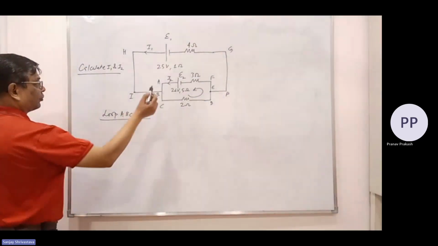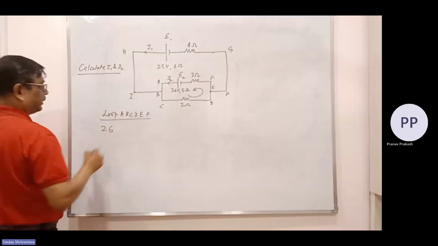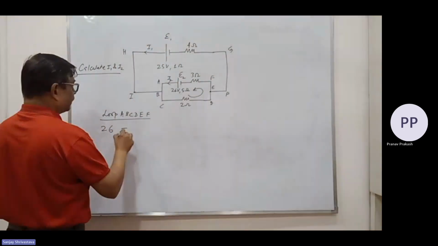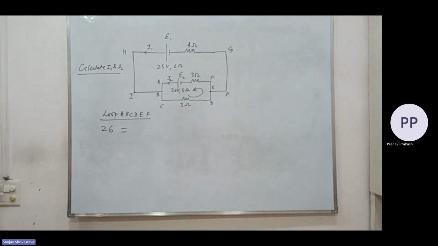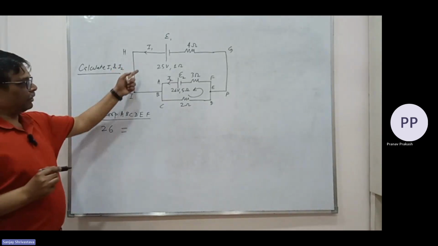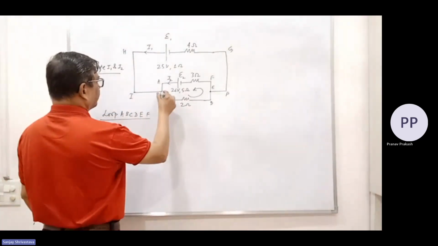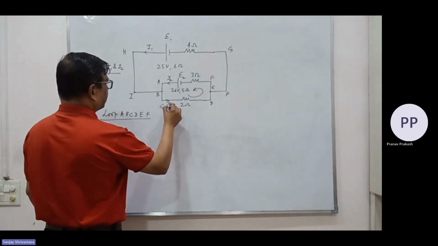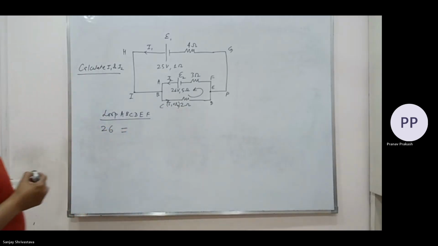Equation क्या बनेगी? So when it's going from this direction, 26. So 26 is on our EMF side and then current I2. Now we have to be careful because here they have mentioned I1, I2. I1 plus I2 हो जाएगा. Correct. From B onwards, from here, B, I1 plus I2.